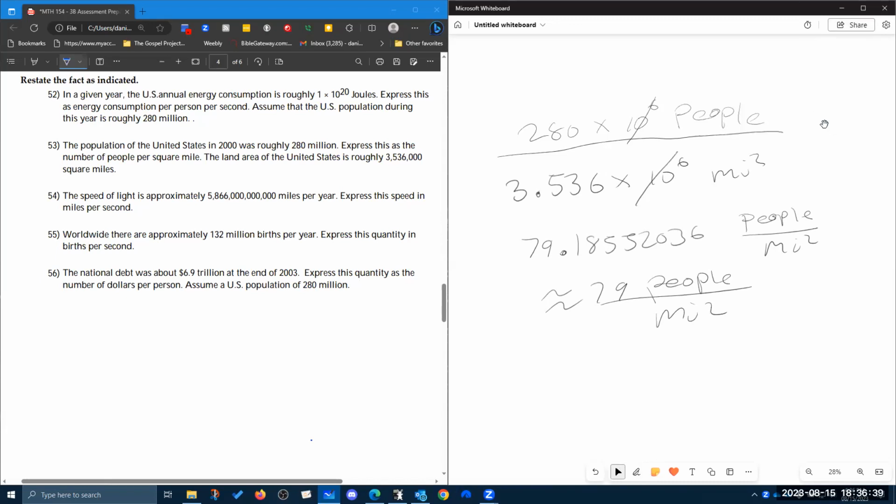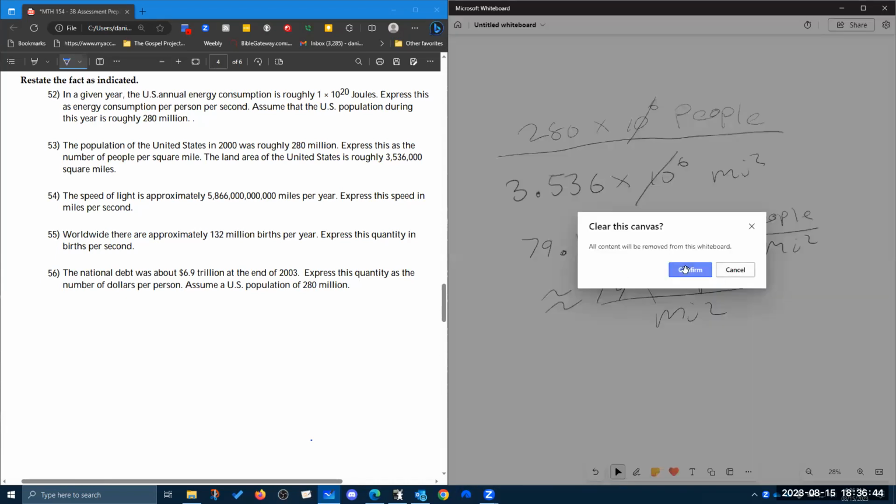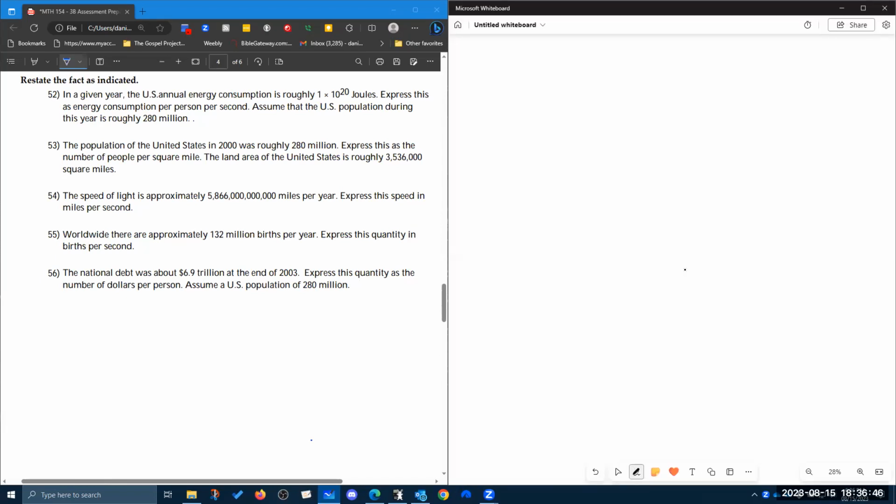The speed of light is approximately 5.866 times 10 to the 12th miles per year. Express the speed in miles per second.